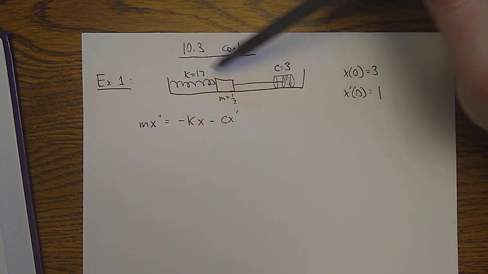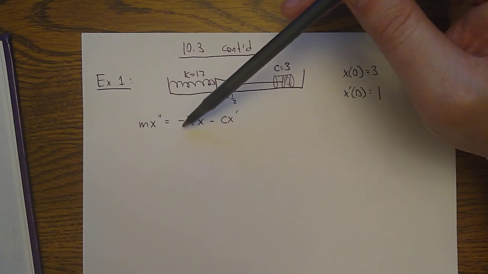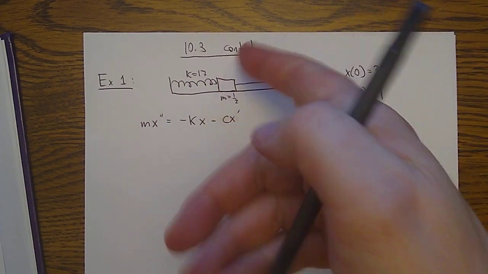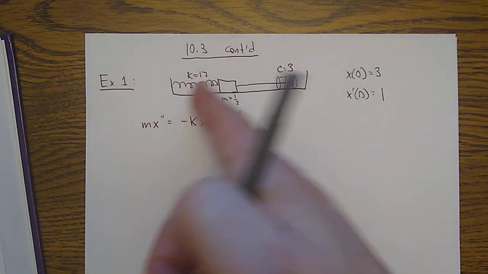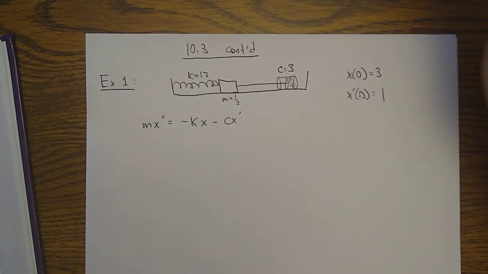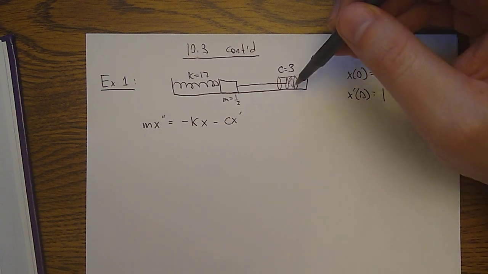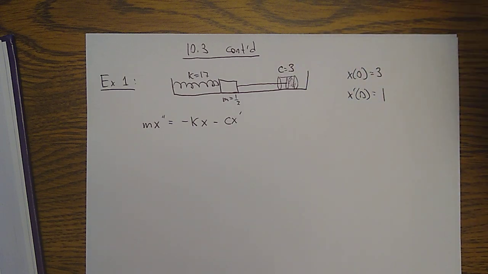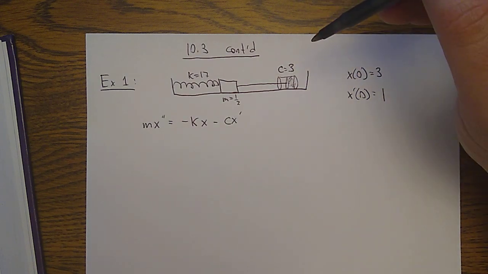So the force applied by the spring is negative kx, where x is the displacement between the mass and the natural position that the spring wants to be at. Meanwhile, there is a dash pot, which is this device that just opposes any velocity.